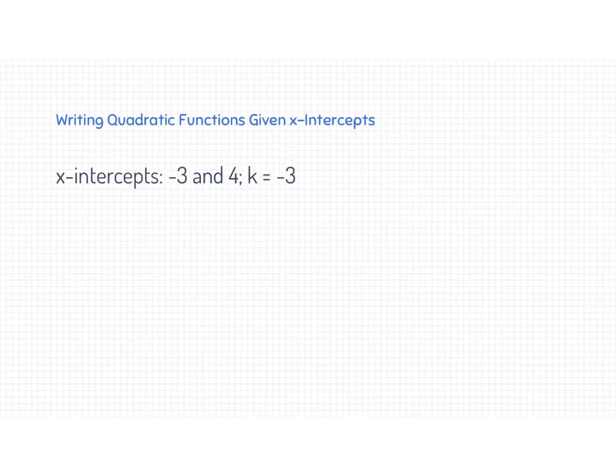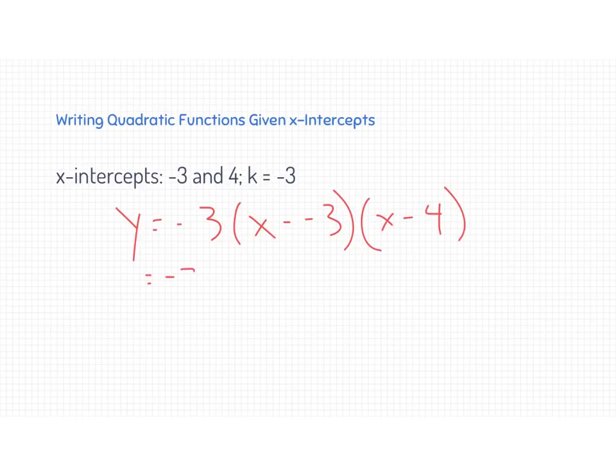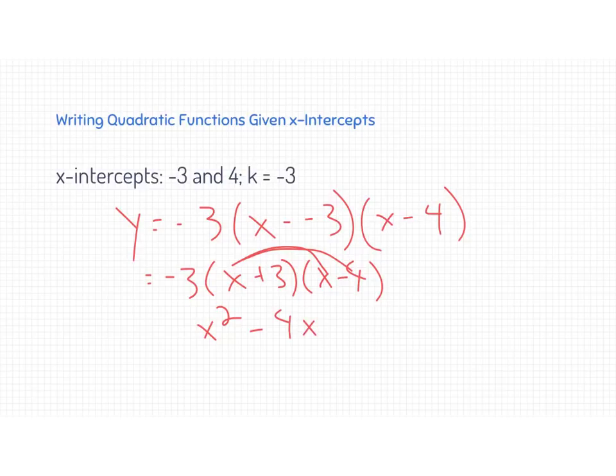Let's try another one here. You get y equals, our k is a negative 3, and then x minus your first one, which is negative 3, and x minus your second one, which is 4. So we get negative 3, simplifying here, 2 negatives make a positive. Then when we distribute, we get x squared minus 4x plus 3x minus 12, multiplied by negative 3 still.